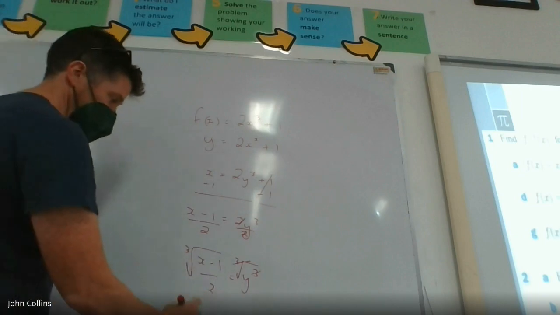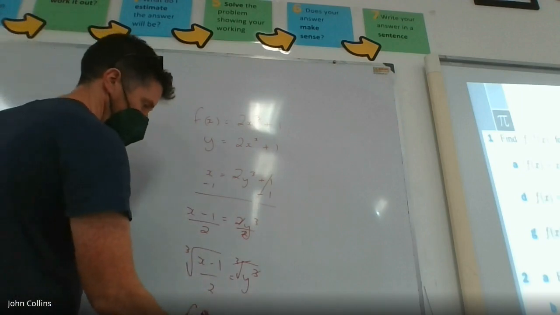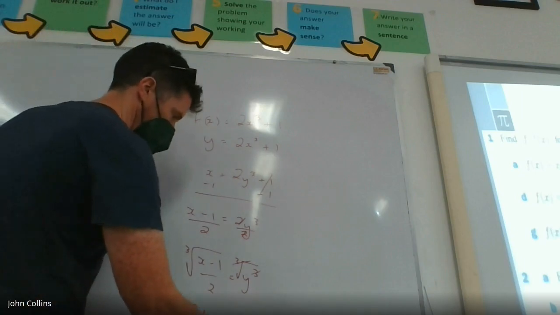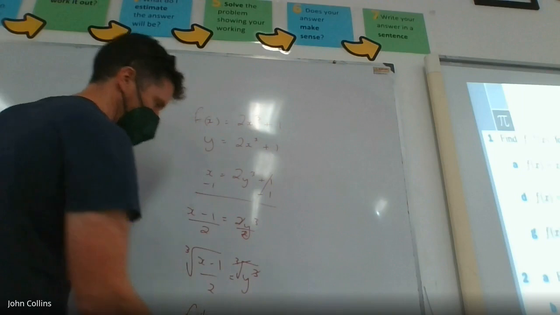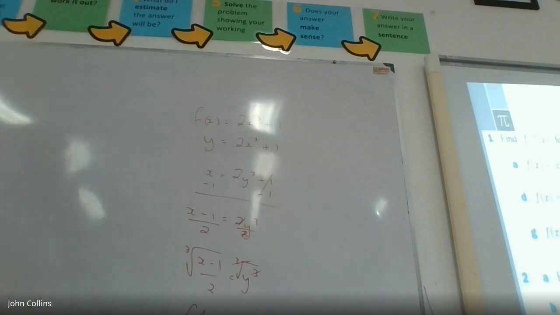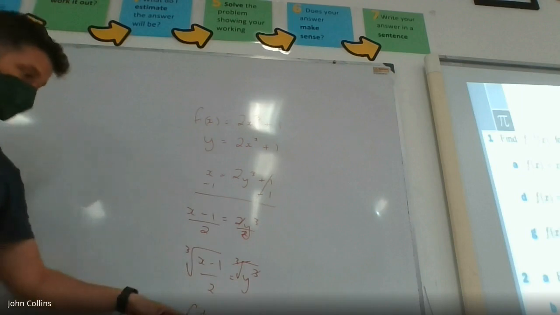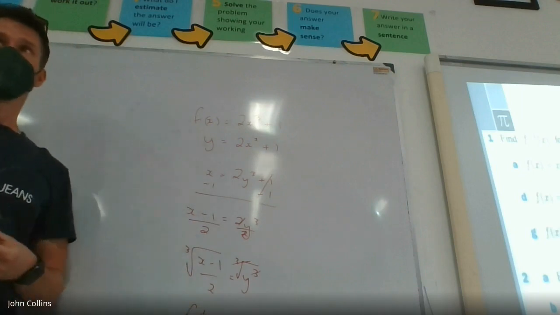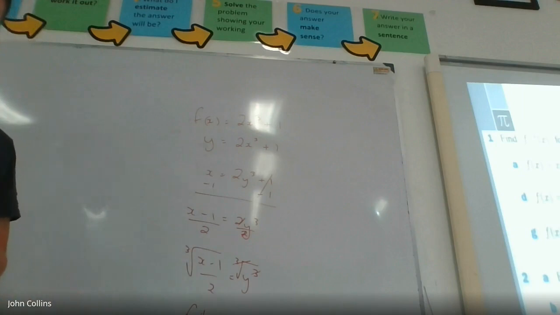The finish line: f inverse of x is the cube root of (x minus 1) over 2. So I just rewrote it with this terminology. Now that's really difficult to do in one step without showing any work. So if you manage to do it without showing work, that's amazing and unbelievable.